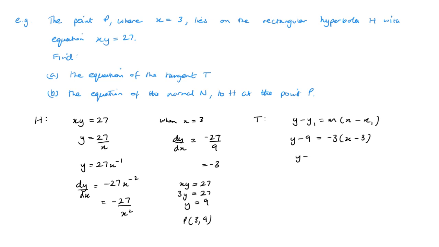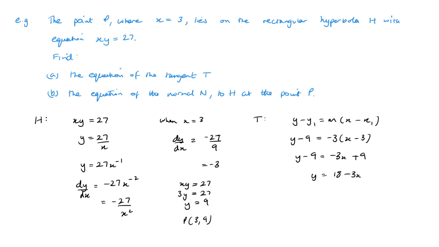So y minus 9 equals minus 3x plus 9. So y equals 18 minus 3x. I'm just swapping my constant with my x term there because of the minus, but of course you can write minus 3x plus 18.